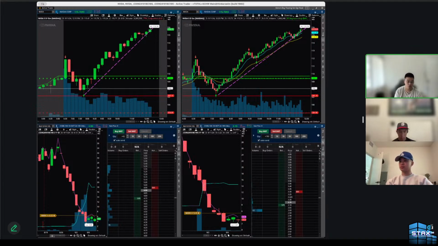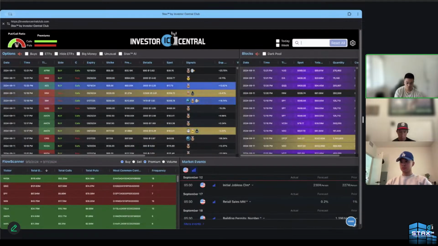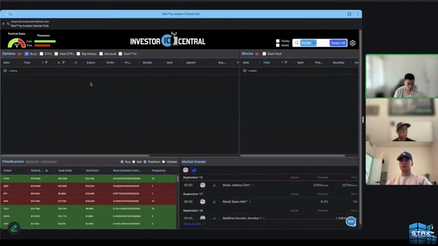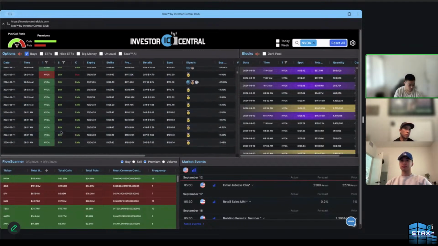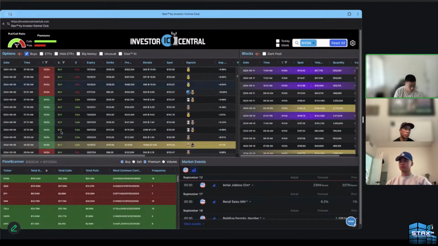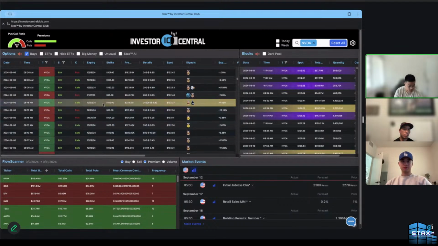Now, obviously, they're in green, hindsight, right? But here, let's pull up NVIDIA together. It was like 9.6 or something like that. Yeah, 9.6 right here. $23.5 million NVIDIA calls, December 2024 expiration.